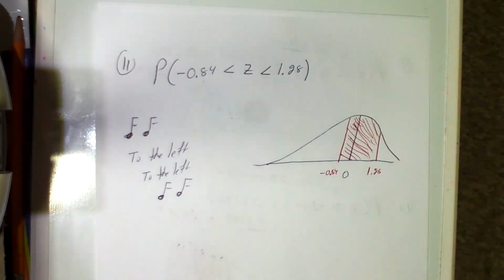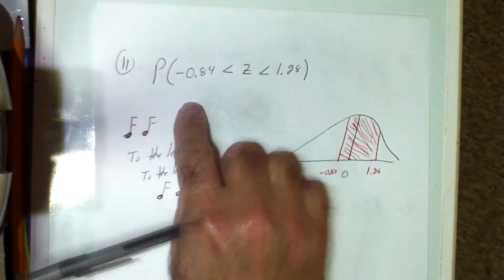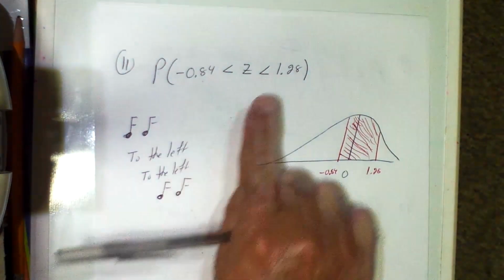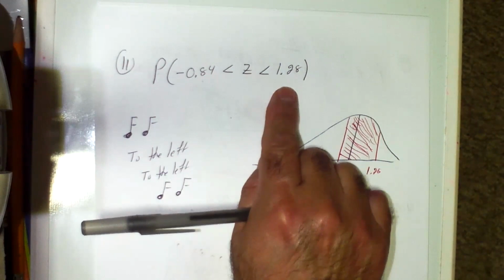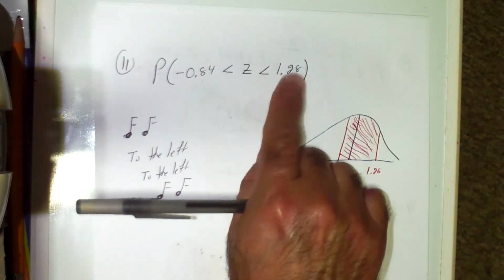Anyways, that's the secret. So to have StatDisk calculate it, here's what you do. You're going to have to enter each of these two numbers into StatDisk, and you will have to find the left areas of each of those. But you have to start with the larger number, the one on the right.